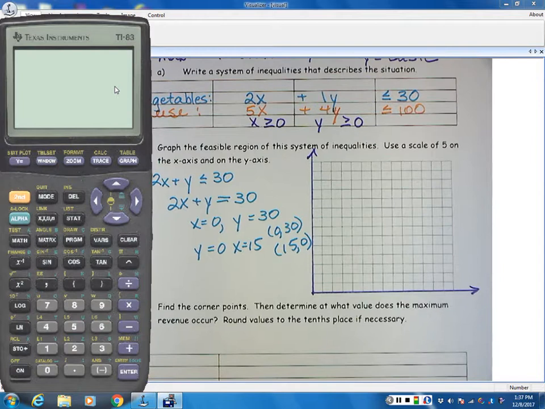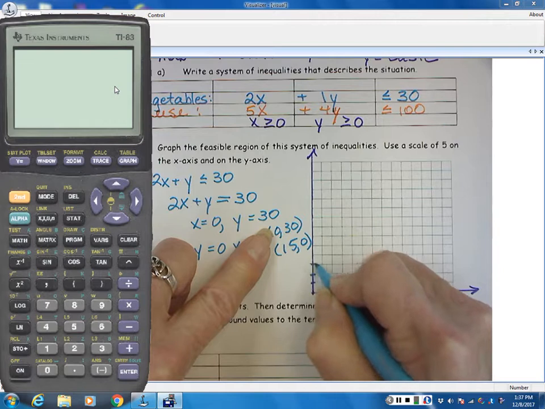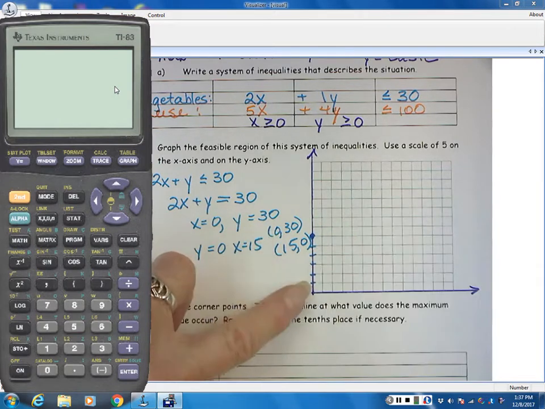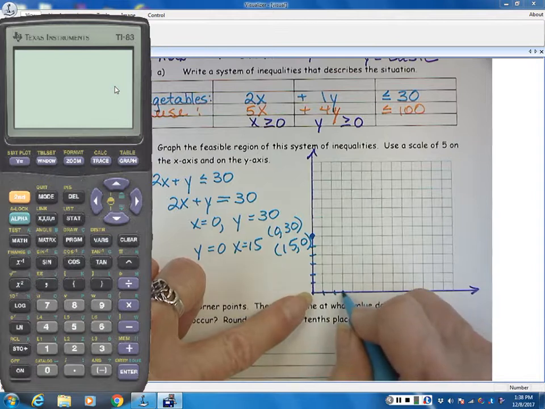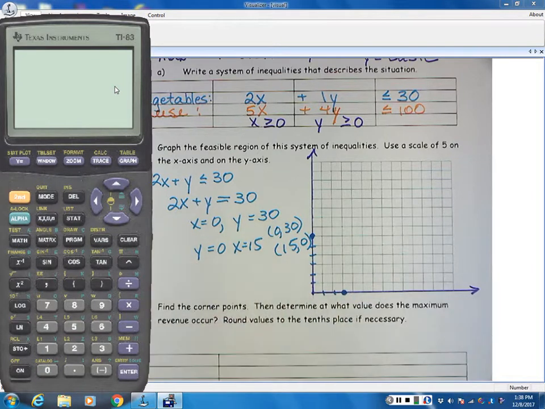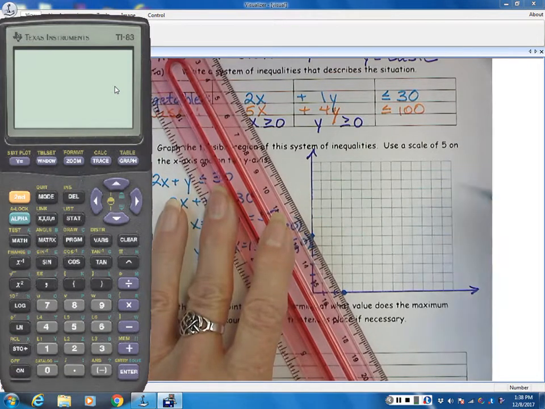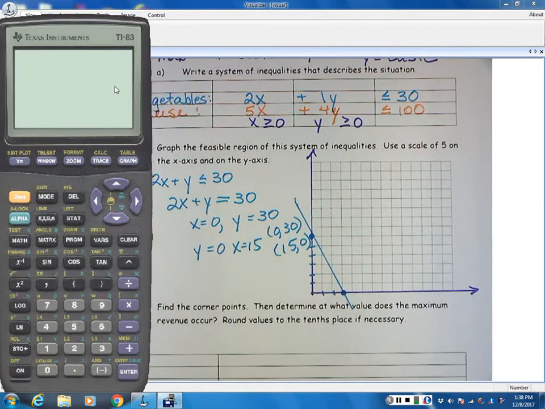And it says use a scale of 5 on the x and y axis. So for this one, the point 0, 30 is right there, and 15, 0 would be right there. So there's our vegetable equation.